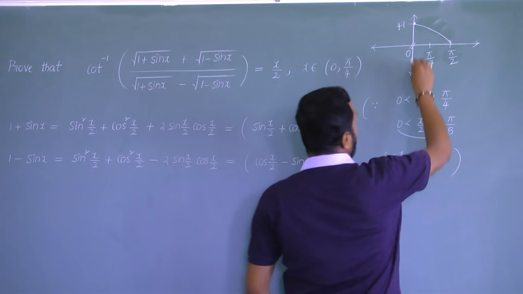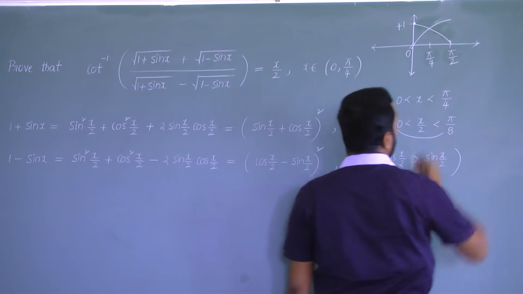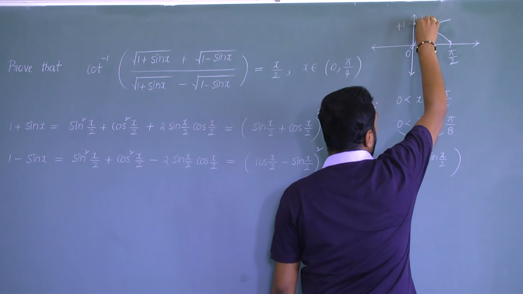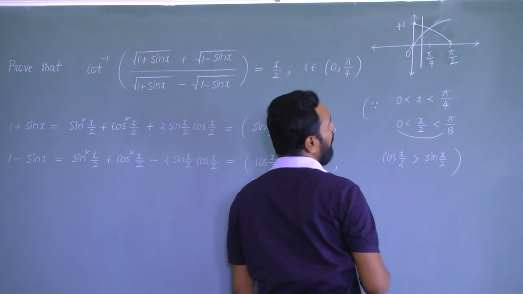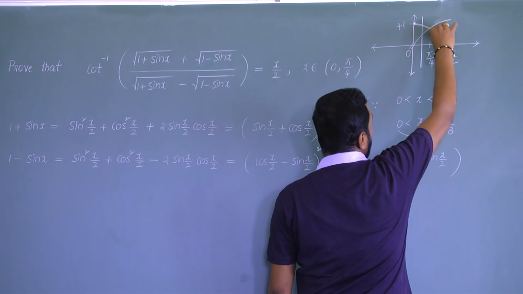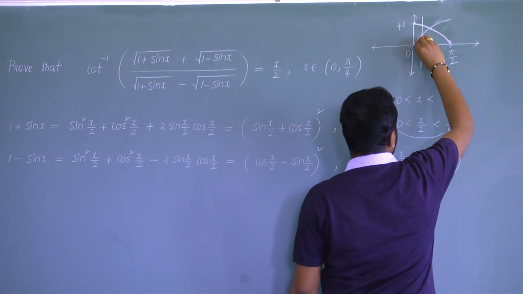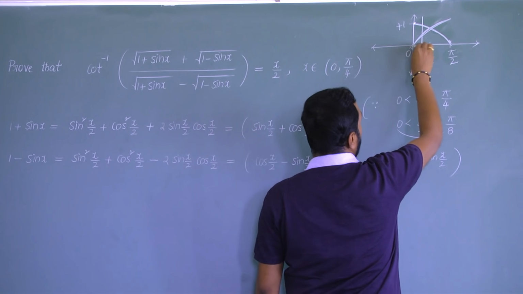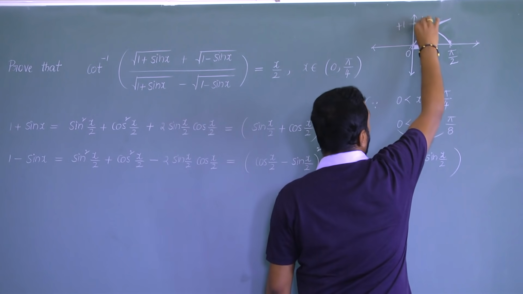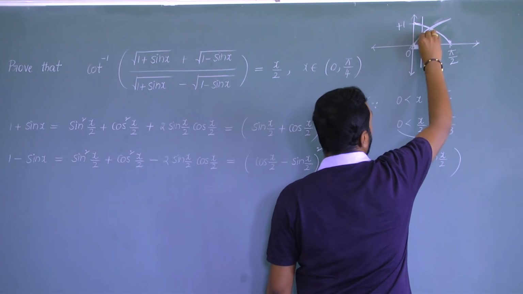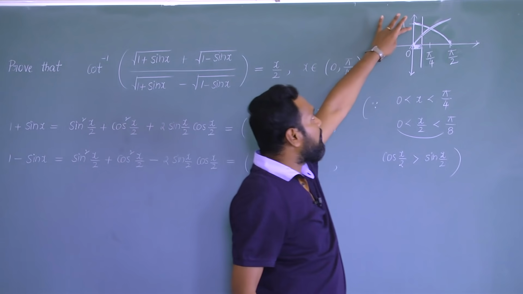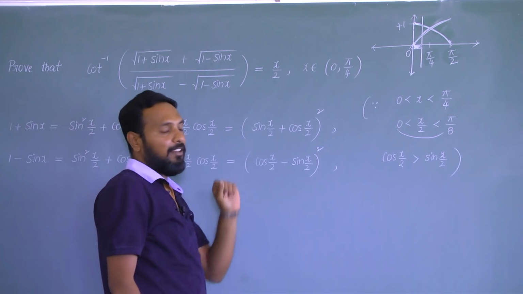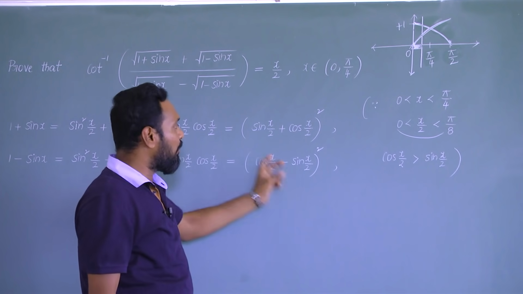Sin 0 is 0, sin 90 degrees is 1. So if you observe, 0 to 22.5 degrees means up to this you should take. Up to this, this is the cos x function graph and this is the sin x function graph. From here to here, cos function values are more than sin function values, so cos x by 2 minus sin x by 2 is positive. That is the reason why I have written here cos x by 2 minus sin x by 2 whole square.